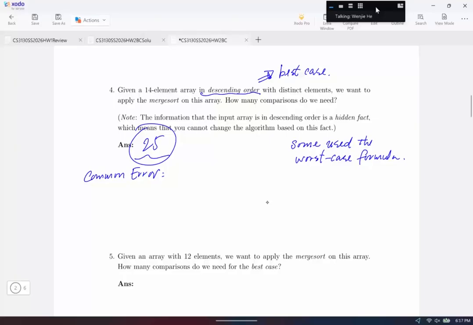Because in the final, if you solve similar questions in this way, it's very likely your answer will be incorrect. So what's that? They solve by a recurrence relation.